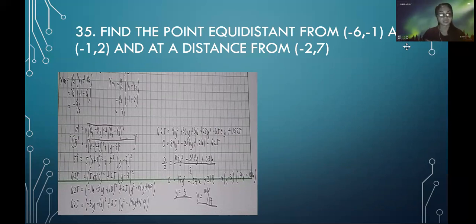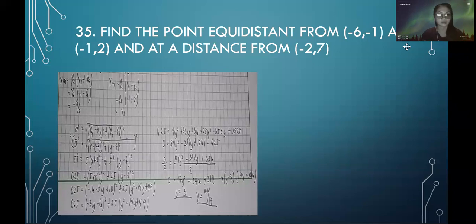To find the distance, we're going to use the distance formula. So d equals the square root of x sub 1 minus x sub 2 squared plus y sub 1 minus y sub 2 squared.